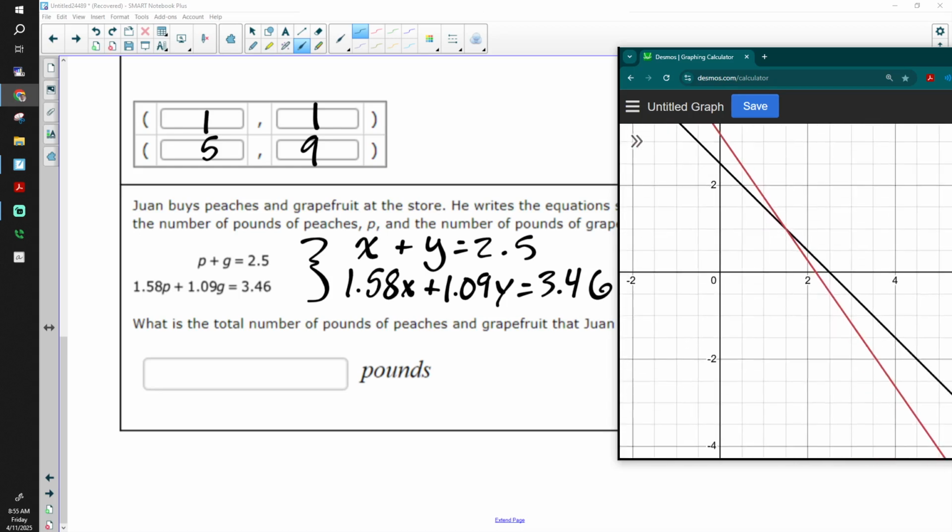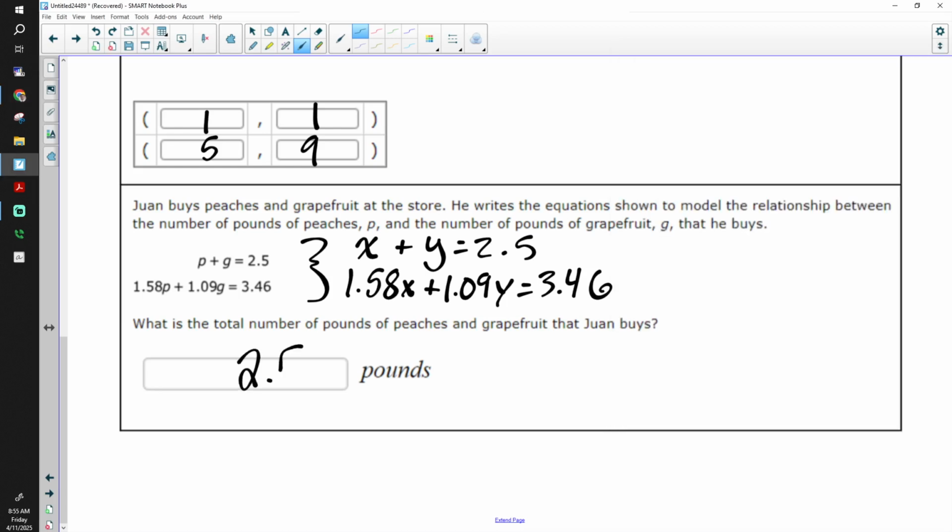I'm looking for where they cross. They cross at the point (1.5, 1). And the trick here is it says what is the total number of pounds of each. So if we had 1.5 pounds of peaches and 1 of grapefruit, then in total we bought 2.5 pounds of fruit.